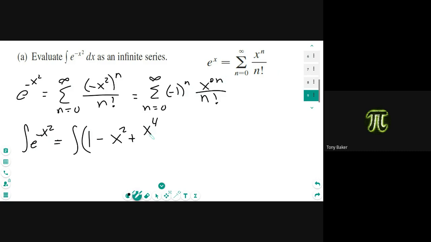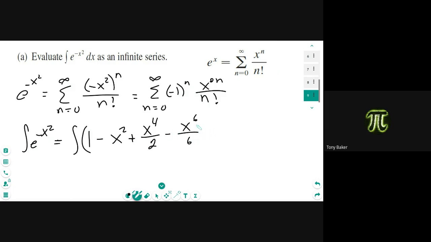Two times 2 is 4, so x to the 4th over 2. Right? Okay, if I plug in 3, what do I get? So it's x to the 6th over 3 factorial, which is 6.